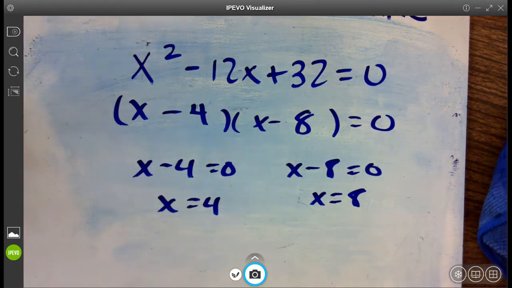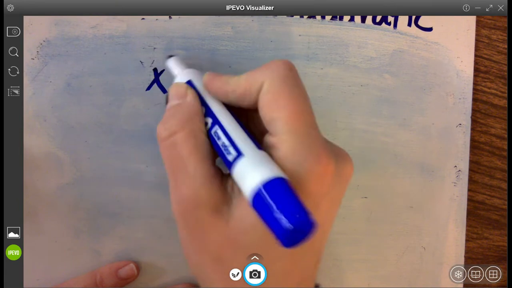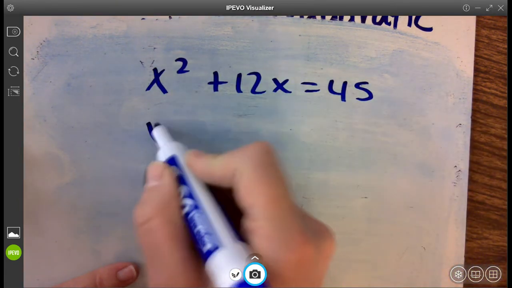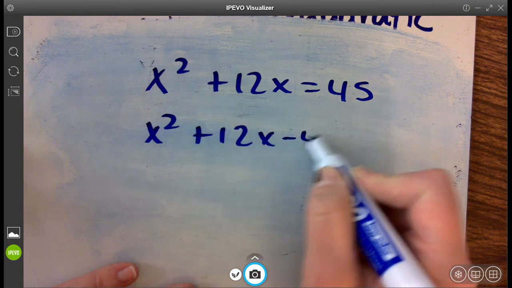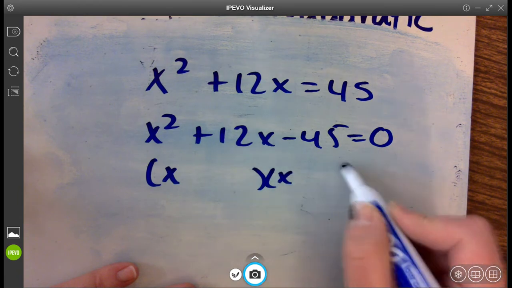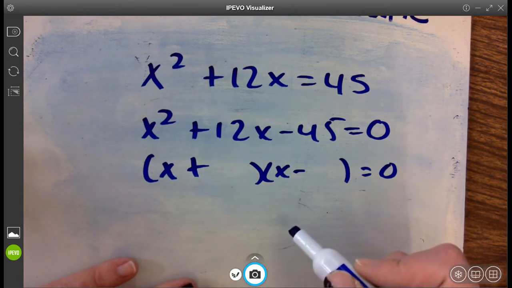All right. And lastly, we got to make sure everything is to one side. We don't have three terms with a plus in the back. We have a minus. So one's going to be positive, one's going to be negative.